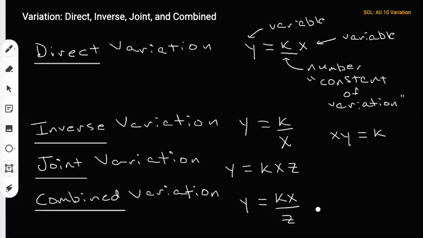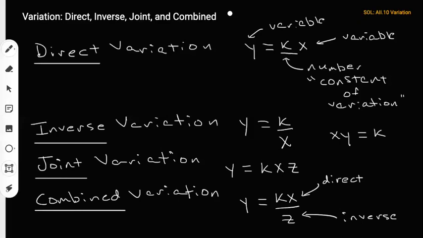What you'll notice about this is that on top we have direct variation. And then on the bottom, we have the variable z, which lets us know that this is also an inverse variation with respect to z.